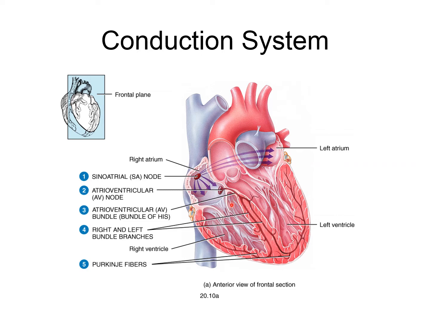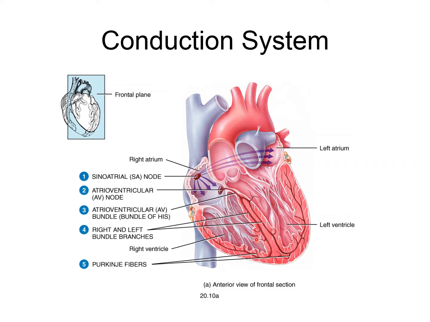When the AV node sends the action potential to the atrioventricular bundle, it goes to the left and right bundles, and then it reaches the Purkinje fibers. When it reaches the Purkinje fibers, it becomes very fast, and then it enters the cardiac muscle cells. This pointed area of the heart is called the apex, and this broader area is called the base.